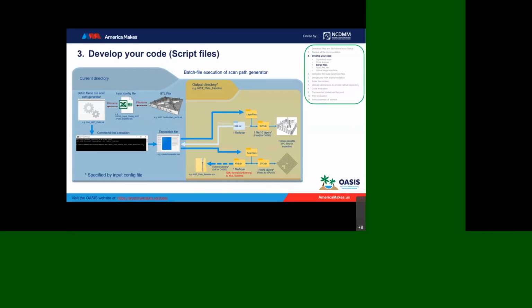And then the second, the most important output, is the XML output. So this is the file that describes exactly how the scan path should look for every single layer. So 1 file per layer, and the format must strictly conform to the XML schema.